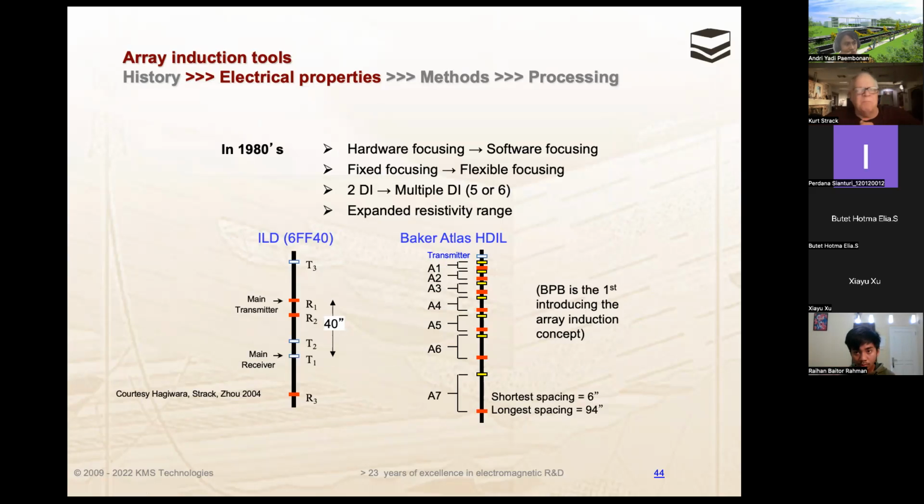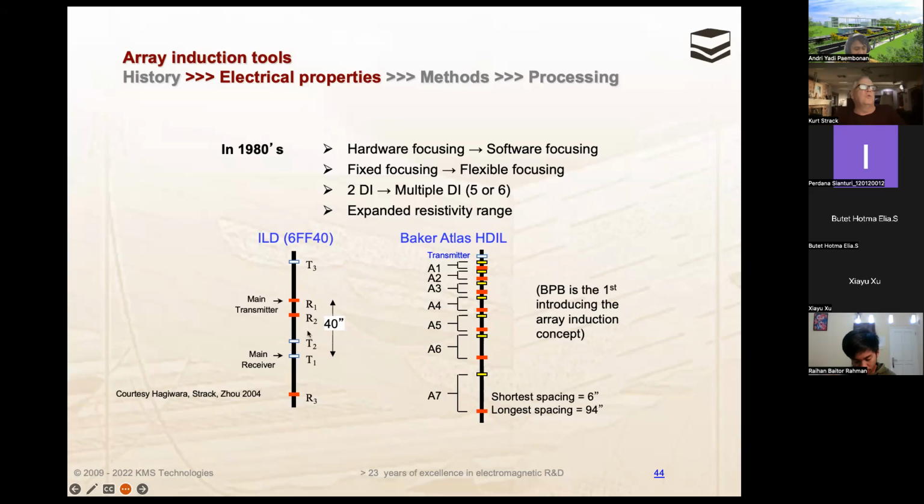And the same can be done with induction logging tools. In induction logging tools, you are relying on closed loops generated by coils, and the coils are in the transmitter and the receiver. So each of these is a coil, and you have two transmitters or three and two receivers, and you measure the distance between them.